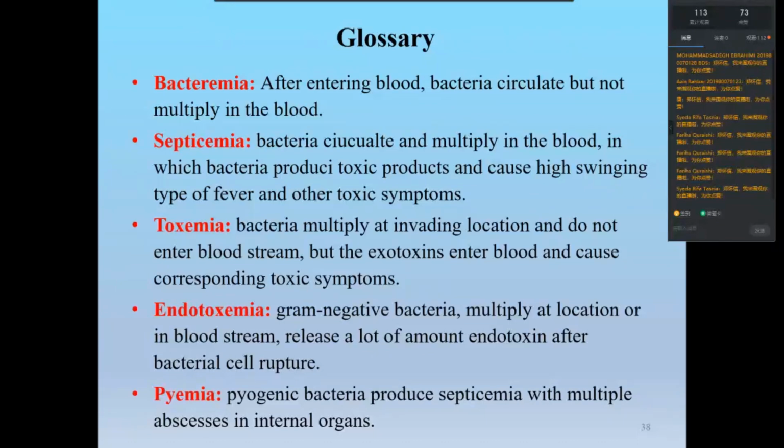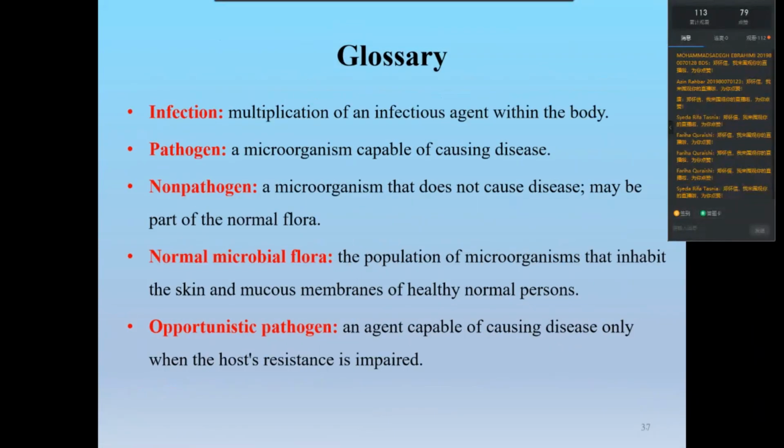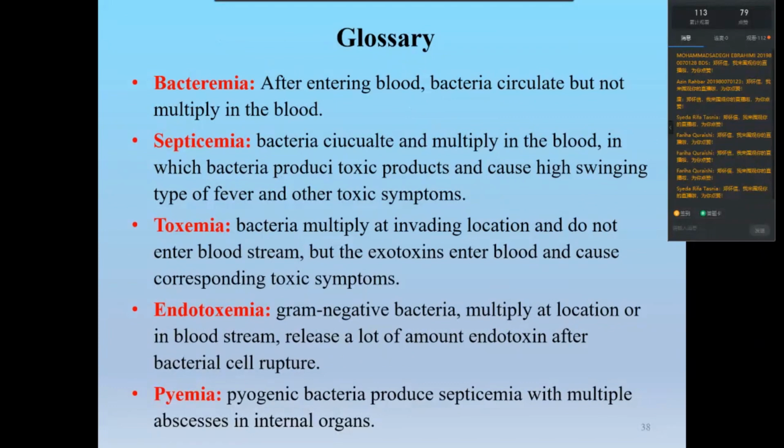Some of them we did cover, but some of them we didn't. I would like to leave these glossaries for you to learn by yourself, and you need to understand the definition of each term, and this will help you to understand our textbook. Okay, so I will leave these 2 slides for yourself, and you need to learn independently. We won't cover it here in our lecture.